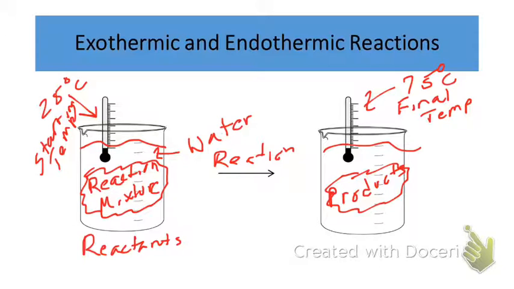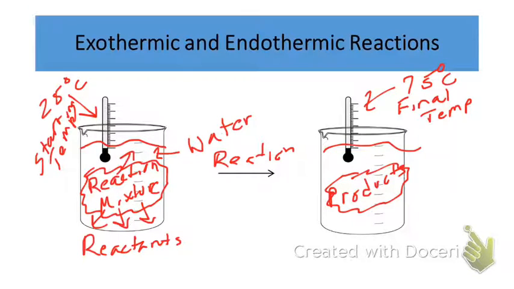So the water, the thermometer, the beaker, and everything else is the surrounding environment. So what had occurred here is that the surrounding environment must have gained energy for the temperature to go up in the water. So what happened here was the reaction mixture released energy into the surrounding environment.